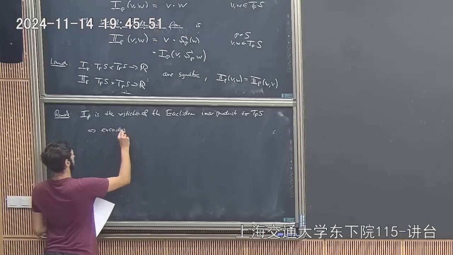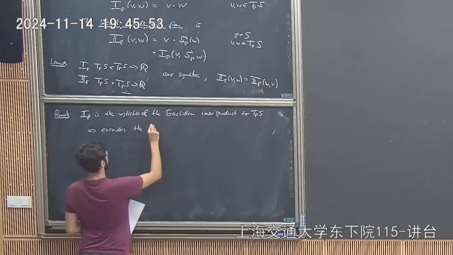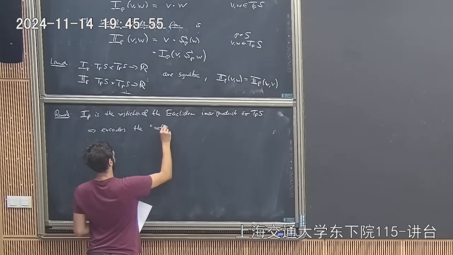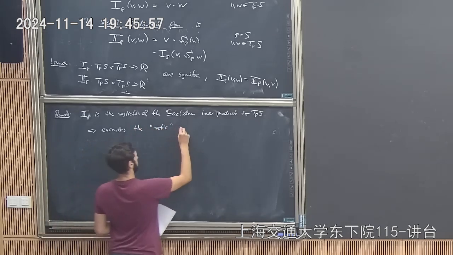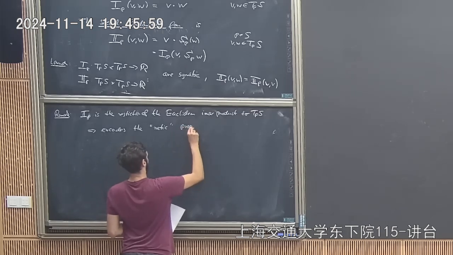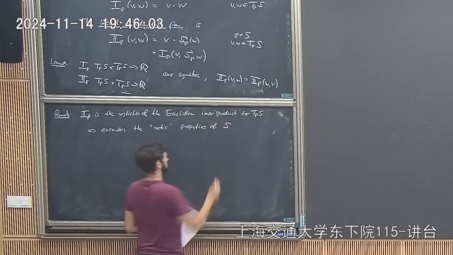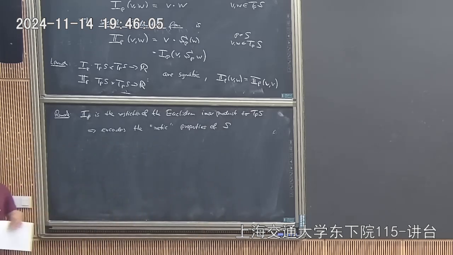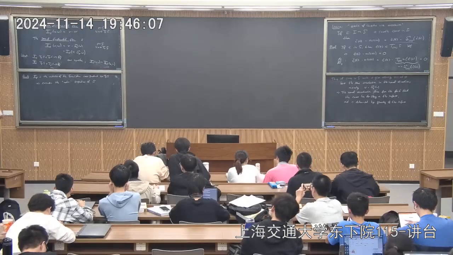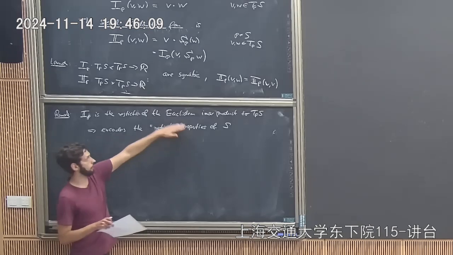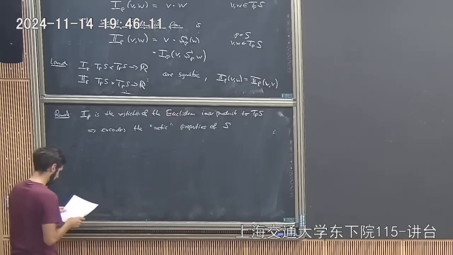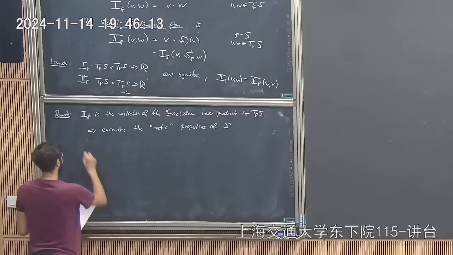We call them the metric properties of the surface. So how distances, like the distance of two points, for example, is something that is encoded with the first fundamental form.